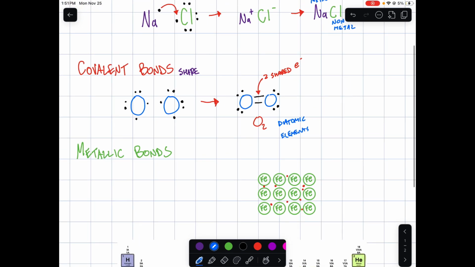Another covalent bond we can look at would be oxygen again, and we're going to use hydrogen as our example here. Hydrogen has 1 valence electron. Oxygen has 6.